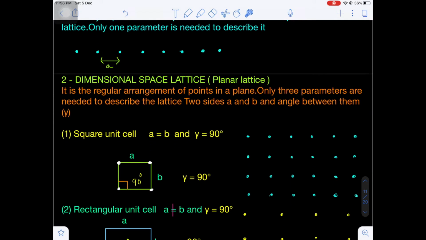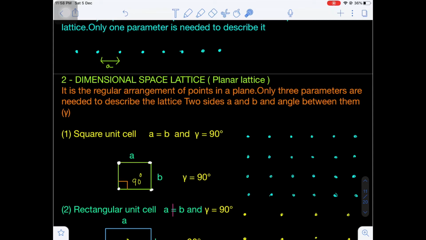Now come to the second one, the two-dimensional space lattice. This is nothing but a planar lattice. In a planar lattice, the constituent particles are represented in two dimensions, along the x-axis and y-axis.